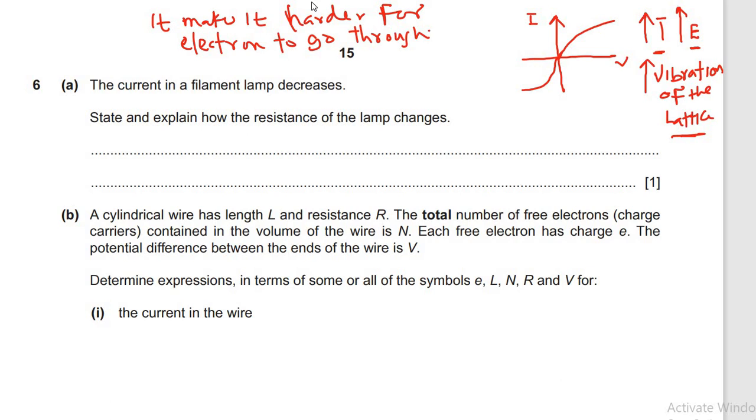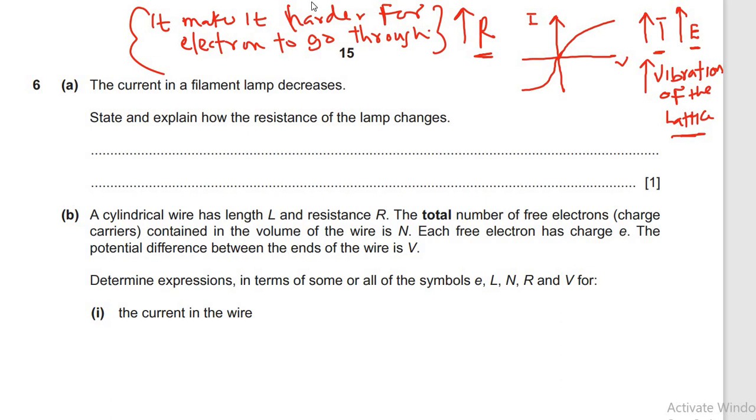The electrons are not flowing regularly. It's not going through properly because there's vibration in the lattice. The electrons are also vibrating, but they are not passing through the filament lamp properly. So the electrons are not going through properly, so resistance increases.